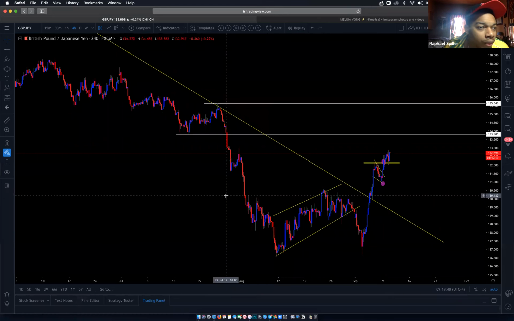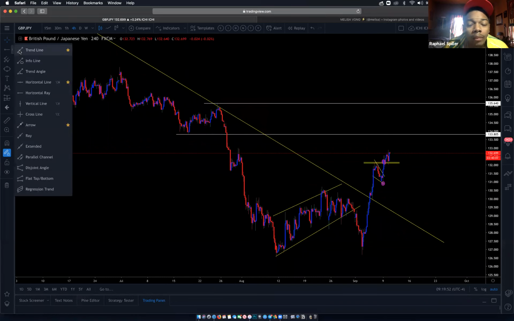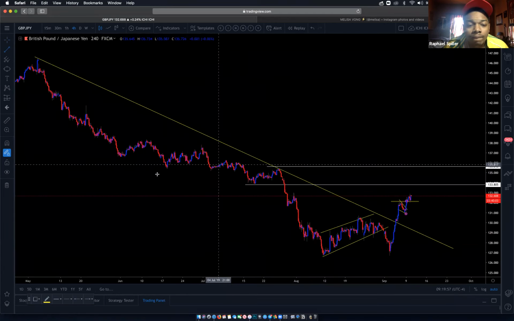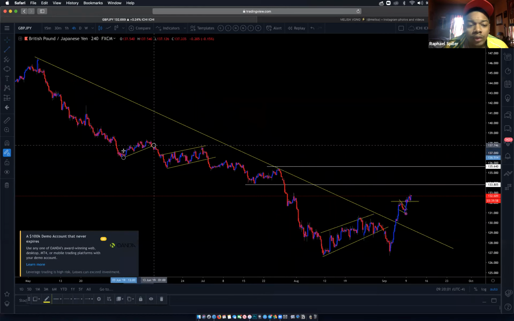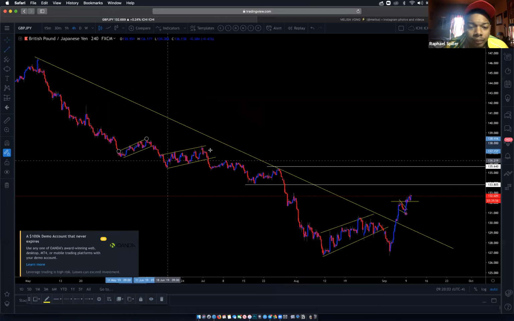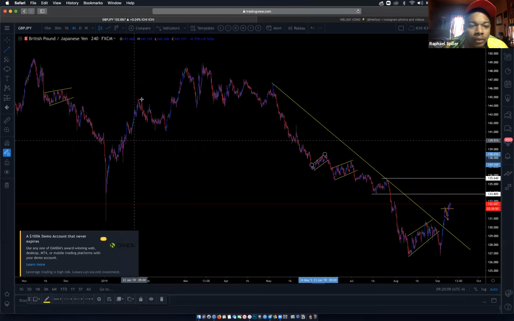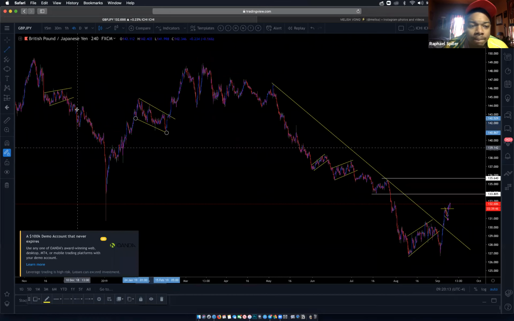Can you please go over different flags? There's really not much when it comes to different flags. Flags pretty much look the same. You have this flag, they're kind of like ascending channels. This is a descending channel.